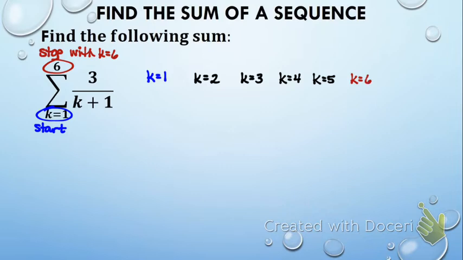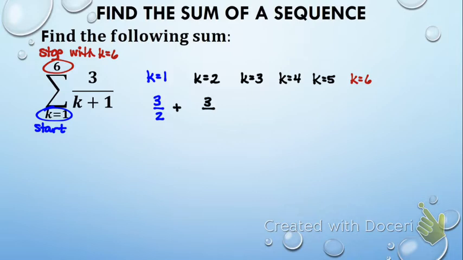What will the first term be? 3 over 2. We're going to add that to what? 1, because it is what? 3 over 3.